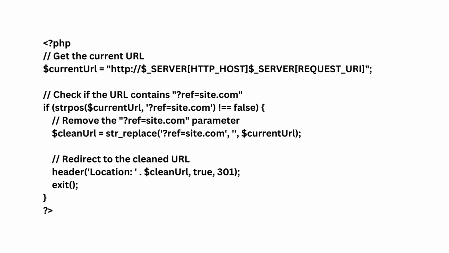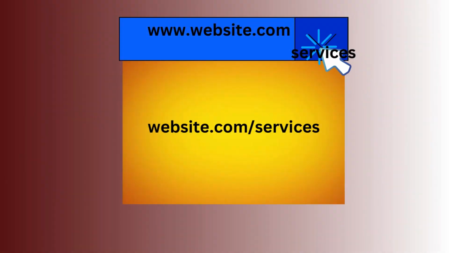This demonstrates how a website can actively manage such parameters if desired. However, if a website doesn't implement any specific logic to handle the ref parameter, adding it to the URL won't have any effect on the user experience.